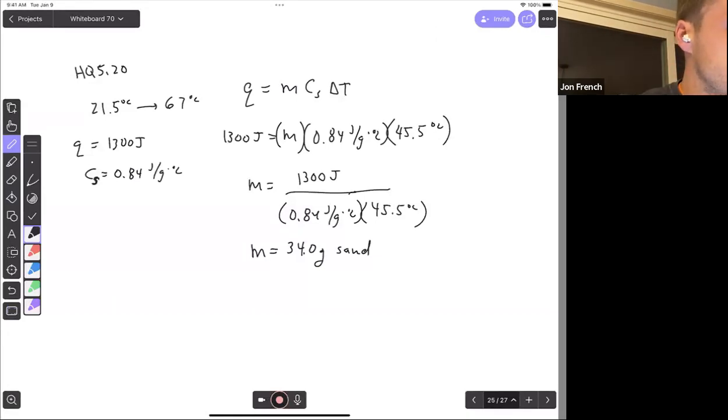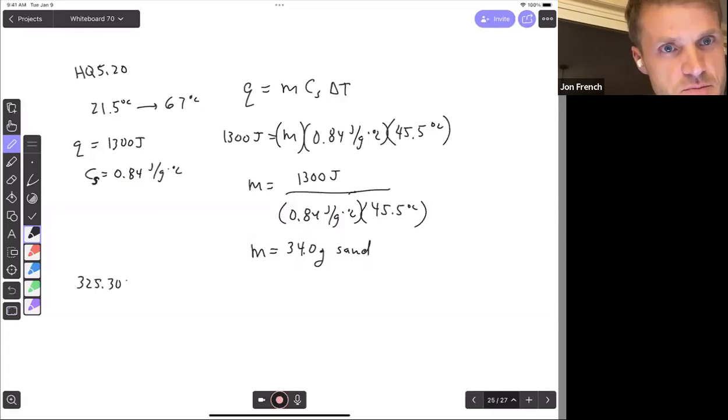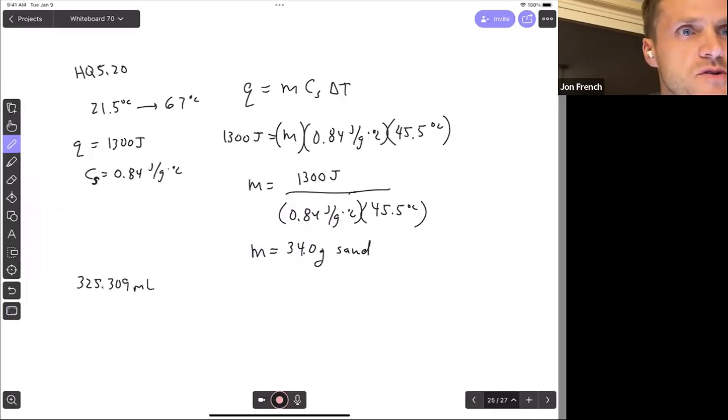Yep, 44 is also on the list. 11 ounces, so 11 ounces is 325.3 milliliters. All right, back to question 21.